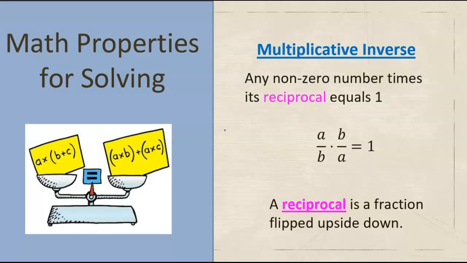Say we have 2/3, and we want to multiply that by its reciprocal. That's going to be 3 over 2. Now if we multiply this straight across, we get 2 times 3 is 6 on top, 3 times 2 is 6 on bottom, so 6 over 6, and that is going to equal 1. And that is true for any fraction as long as both of these numbers aren't 0, because we can't divide by 0.